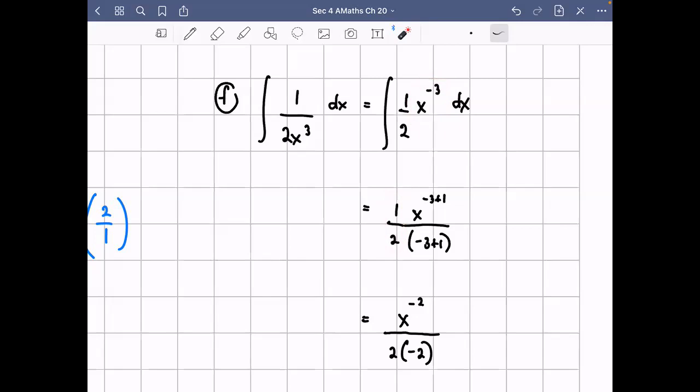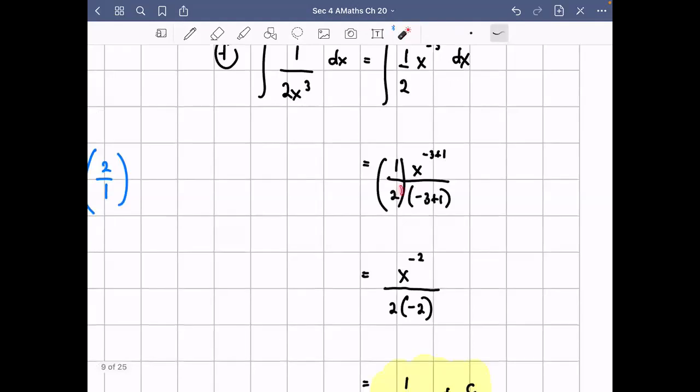Let me put a bracket. So you have 1/2 there. Getting the antiderivative of this, negative 3 plus 1, right? If this is your index, that is your denominator as well. So you have 1/2 times this. That's why it's x raised to negative 2. And then 2 times negative 2 is negative 4.